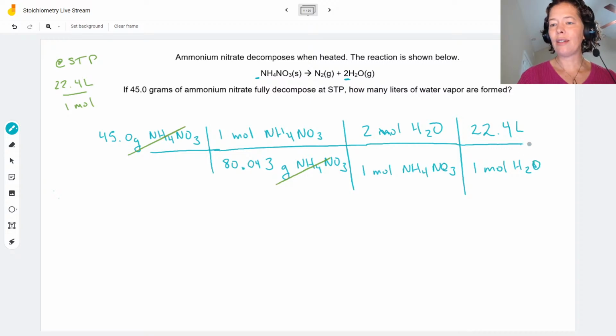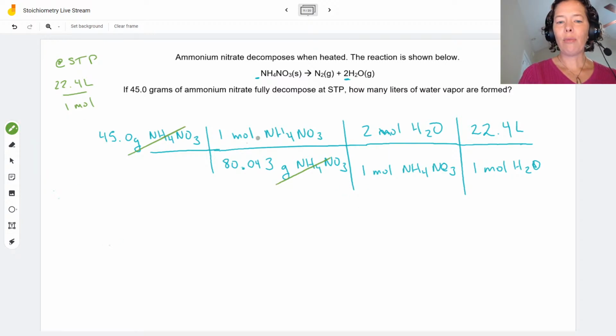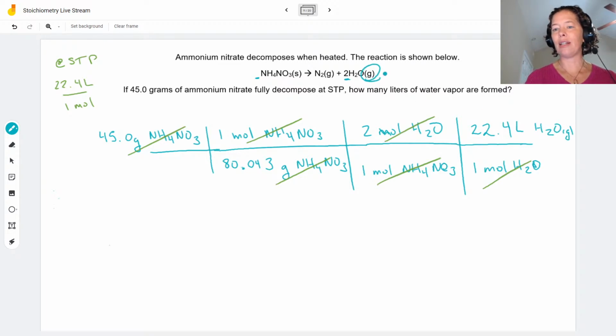So now we can see that our moles of ammonium nitrate canceled and our moles of water canceled. We are left with liters of water, and specifically water vapor, because we've got the gas here.